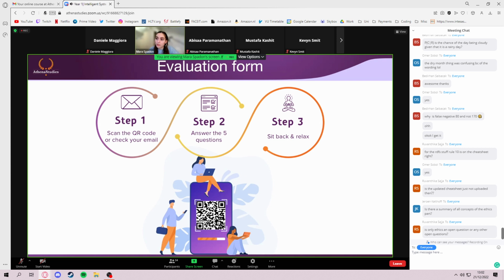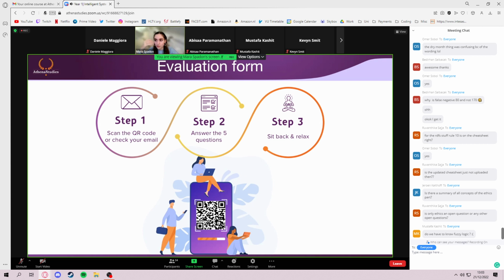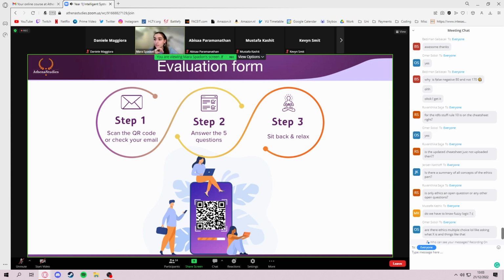Is only ethics an open question, or are there any other open questions? From my knowledge, it is an open question, only the ethics part, I believe. The other open questions could be like a Bayesian network question, no, we don't have fuzzy logic, no. The only open questions we have are like fill in the value, like this one.